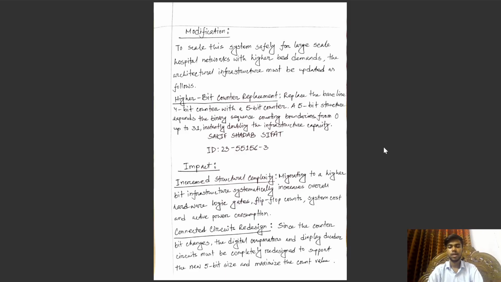Since the counter bit changes, the digital comparator and display decoder circuits must be completely redesigned to support the new 5-bit size and maximum count value. So basically we need to change the counter bit, then we need to redesign the digital comparator and the display decoder circuits.